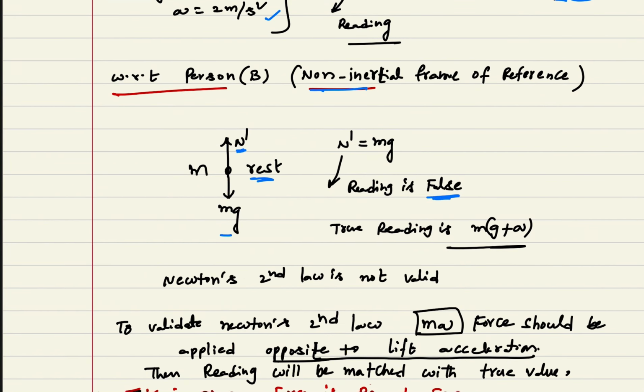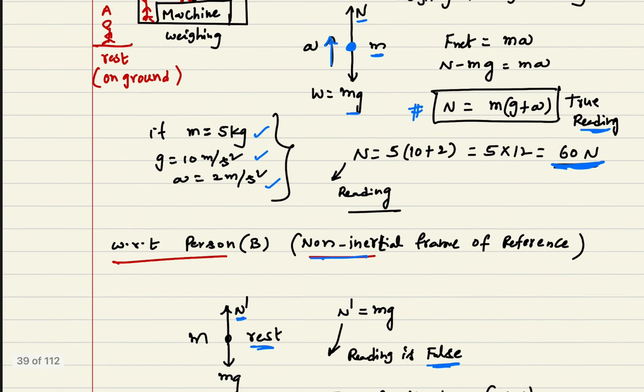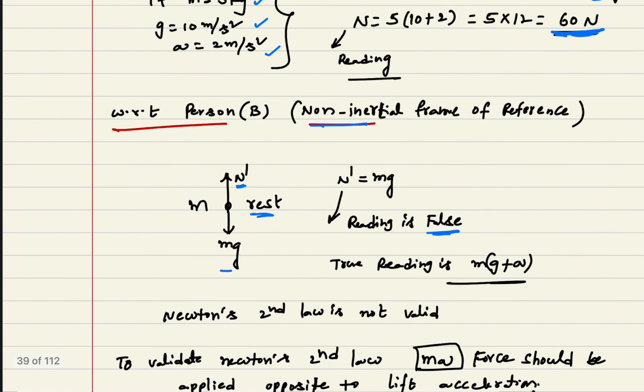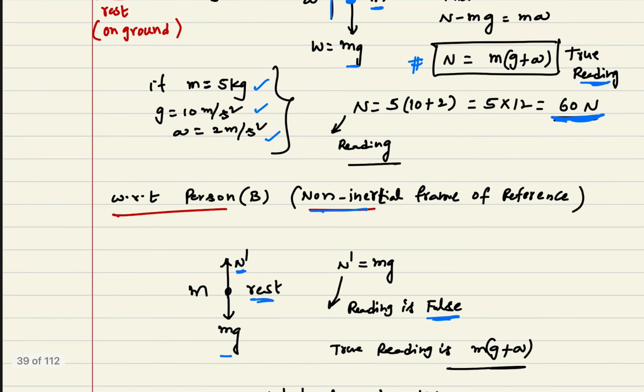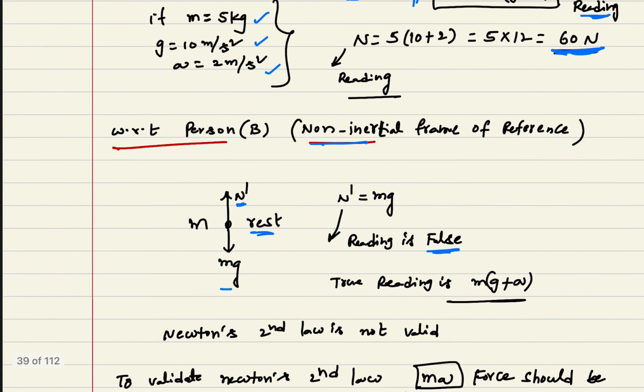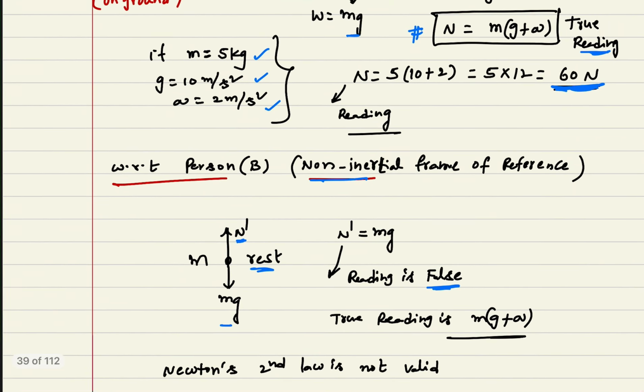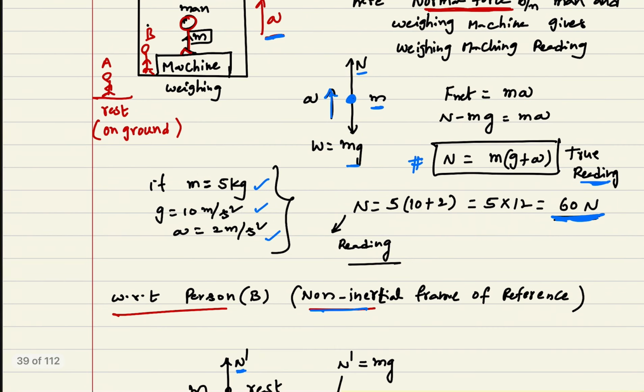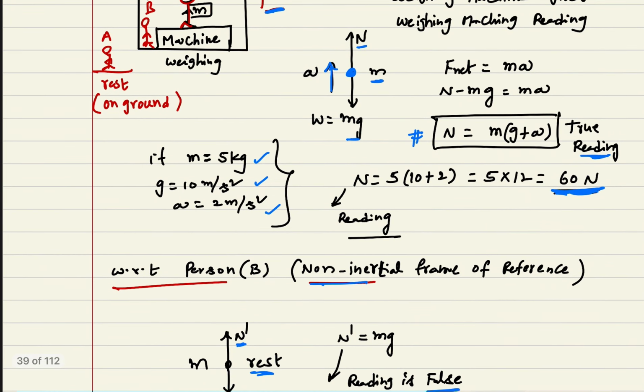This is a false reading. By the earlier relation he would get only 50 Newton, but the machine reading shows 60 Newton.